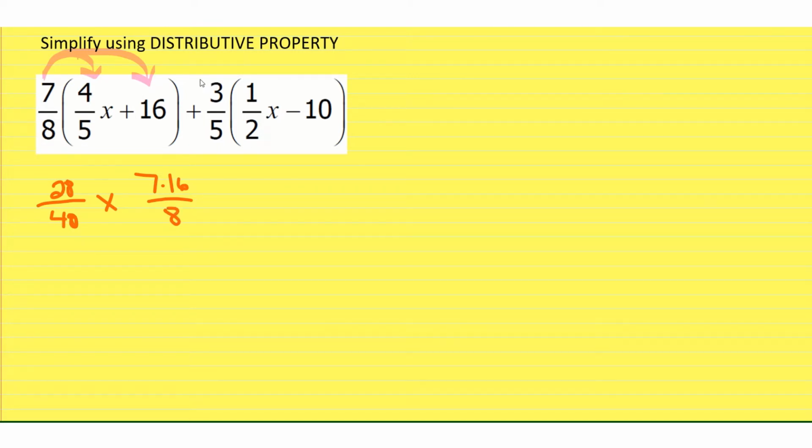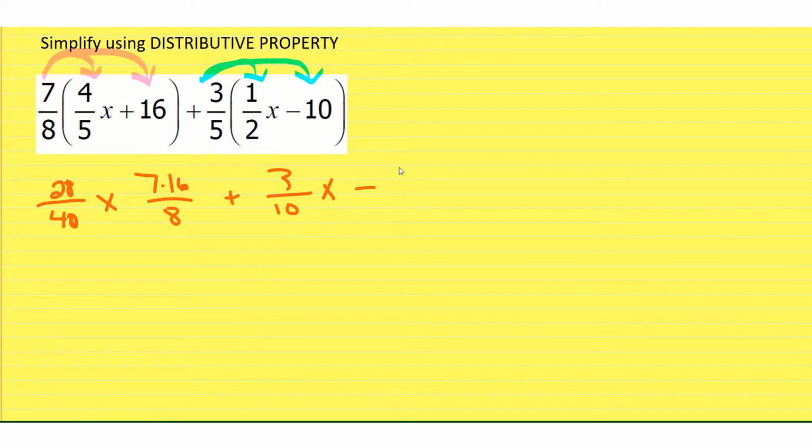Okay, so now let's distribute this fraction into the parentheses, which is the same thing as multiplying it into the parentheses. So we can eliminate the parentheses. This one is going to be 3 times 1 plus 3 times 1 is 3. 5 times 2 is 10, and that is an x term. And then we're going to distribute 3/5 times the 10.